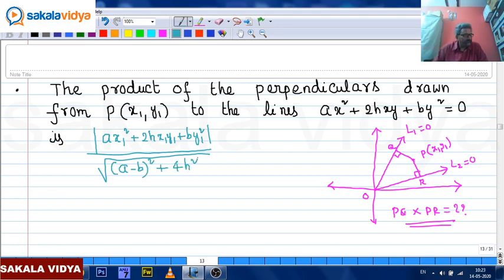This you remember. Take the foot of the perpendicular for both lines and multiply them. Otherwise, find the perpendicular distance from P (x1, y1) to L1 equal to 0 and L2 equal to 0, and multiply; we get the same answer. So this formula you need to remember.